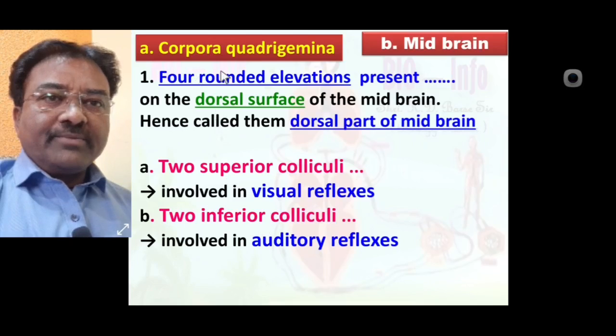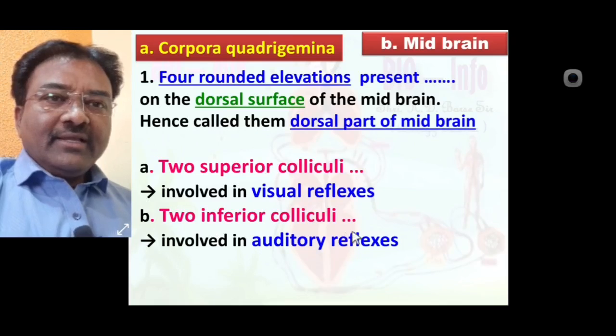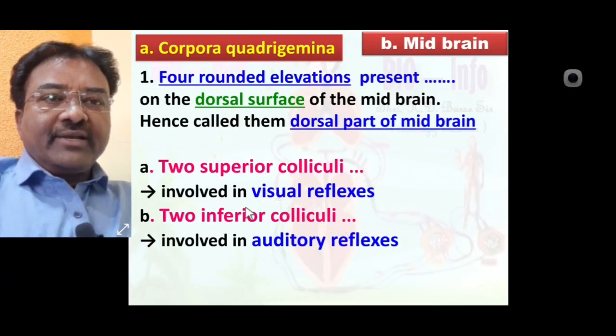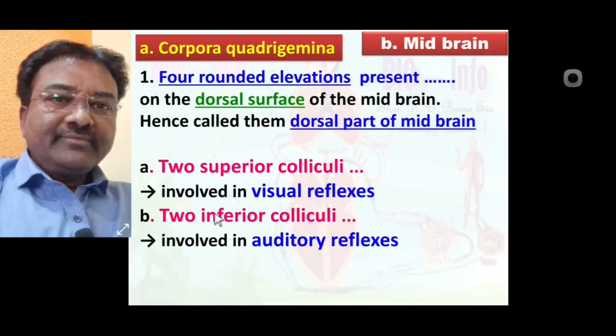Always remember, corpora quadrigemina consists of two superior colliculi and two inferior colliculi. The two superior colliculi are involved in visual reflexes, while the other two inferior colliculi are involved in auditory reflexes.